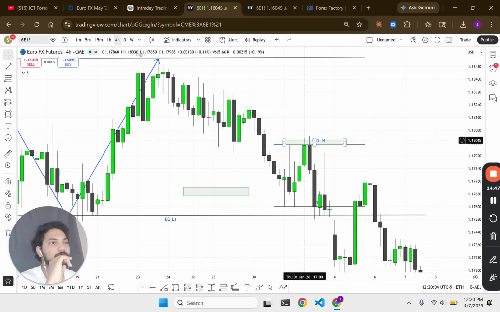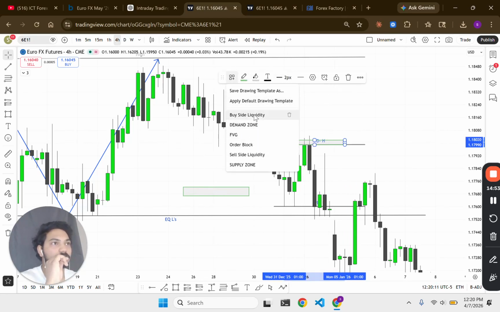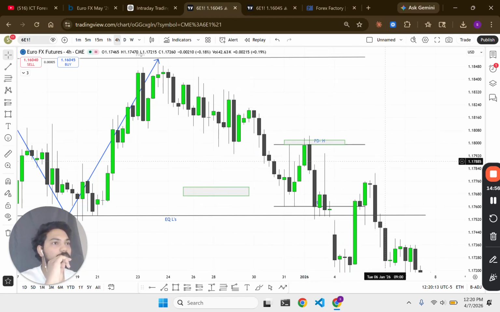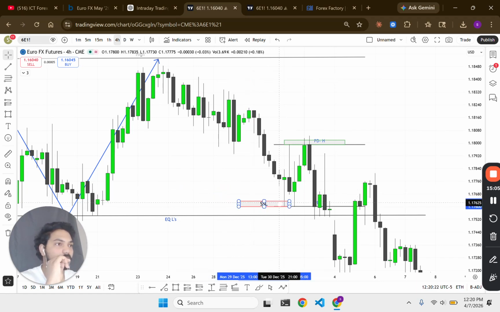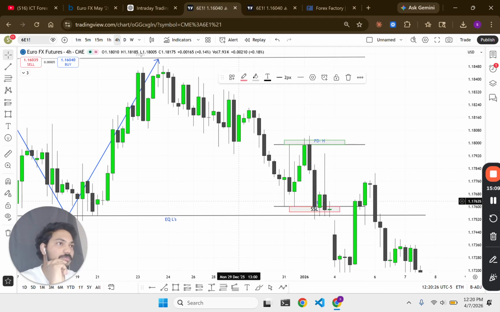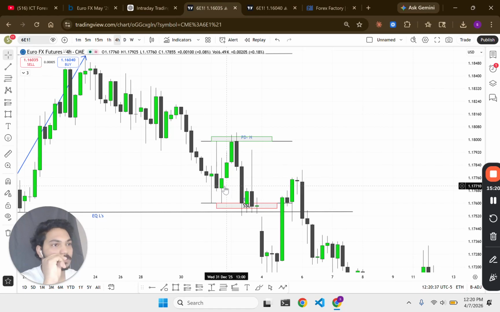That's buy side liquidity, and this would be sell side liquidity, and this previous day low. Okay, let's keep it like this. This is from 31st December, 31st Jan.